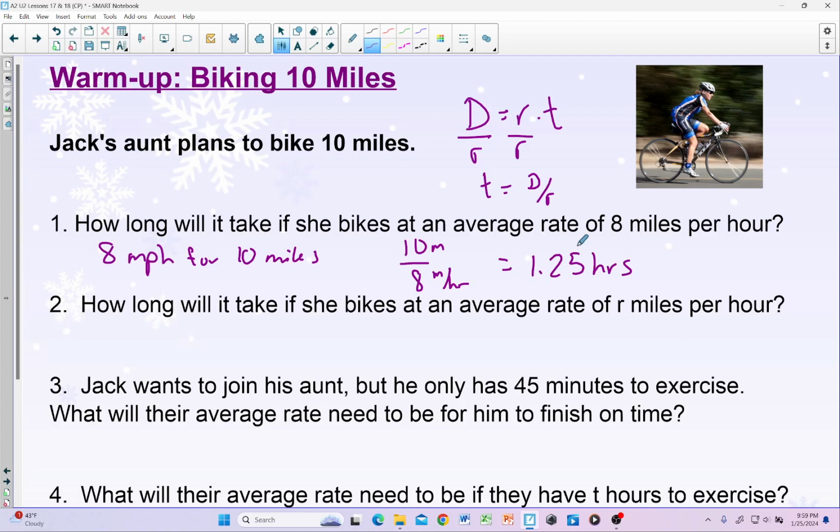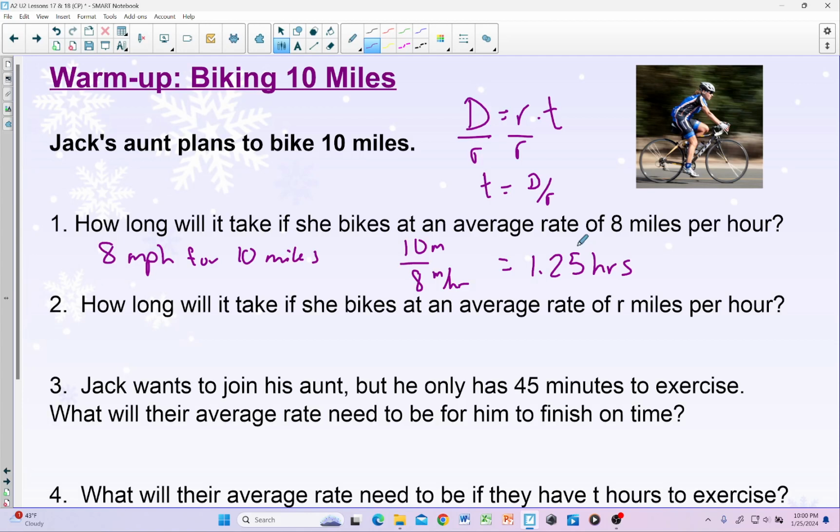Okay, how long will it take if she bikes at an average of r miles per hour? Okay. Well, same kind of thing, right? But instead of using 8, we're using r. So can I just replace the 8 with an r? Sure, why not? Let's just do that.